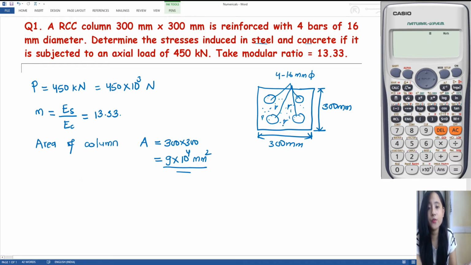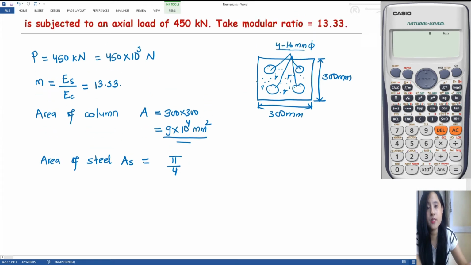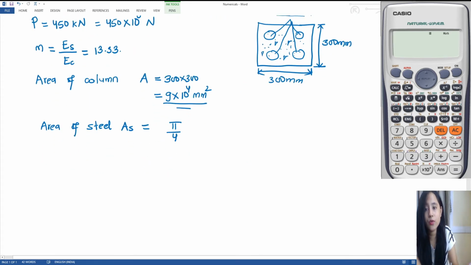Now we want to find the area of steel. We can find it from the given diameter. Area of steel As is pi by 4 d square, where the diameter is 16 mm, so into 16 square, and we have 4 bars, so into 4.